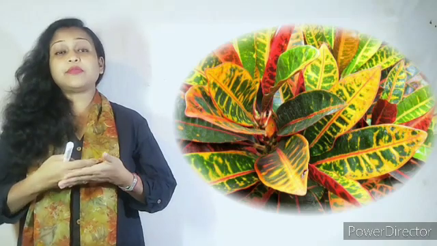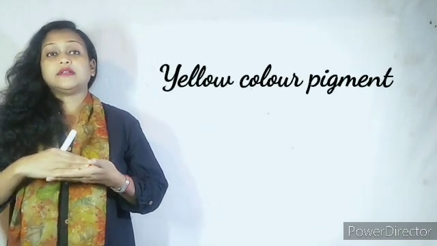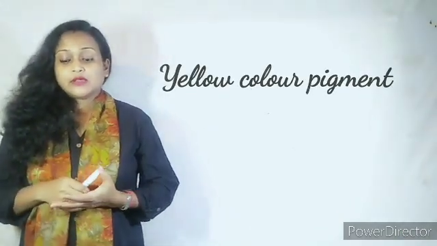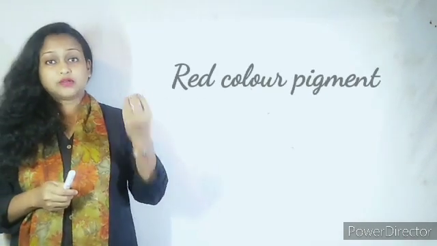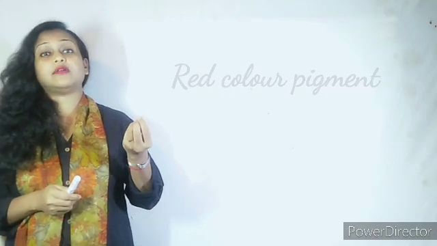The green pigment is present in the leaf, but it is covered by two other color pigments, that is the yellow color pigment and the red color pigment. So we can say that the chlorophyll or the green pigment in case of croton plants remains hidden.